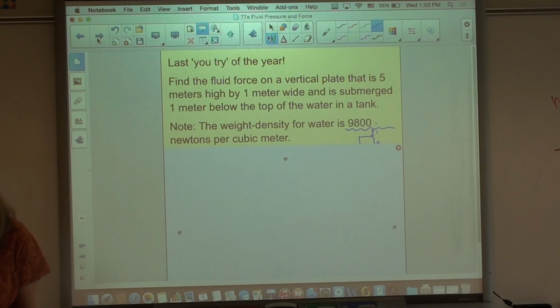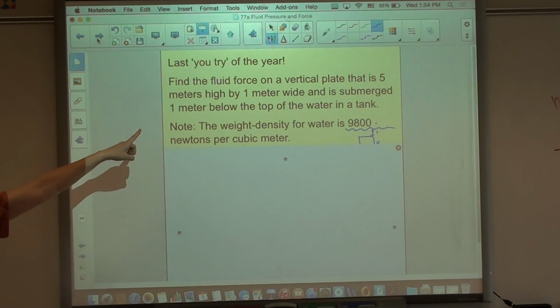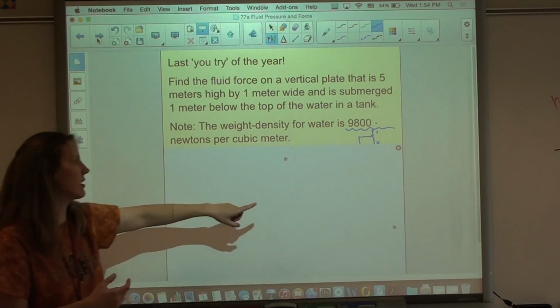Anyway, we have fluid force on a vertical plate, 5 meters high, 1 meter wide, with a consistent horizontal width, submerged 1 meter below the top of the water in a tank.